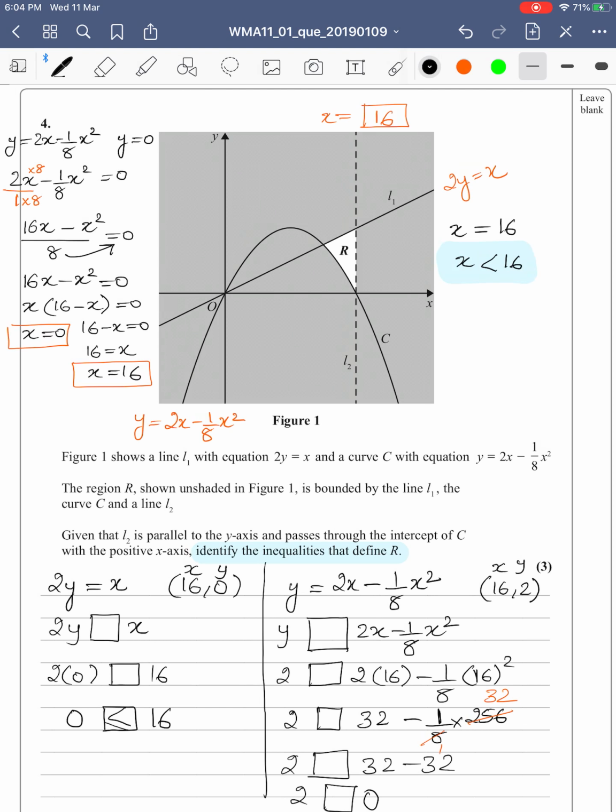Clearly 2 is greater than 0, so I have the greater than sign here. So that tells me the direction of my inequality. So the direction of this inequality is greater than or equal to, and the direction of this inequality is less than or equal to, and we have this one as our second answer and this one as our third answer, and all these three define the region R.